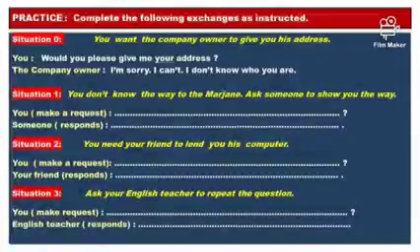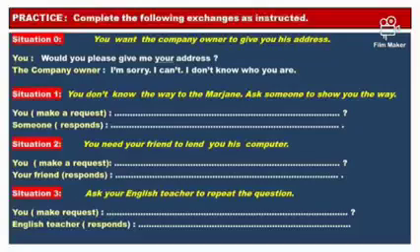So let's practice. Complete the following exchanges as instructed. We have situation 0. You want the company owner to give you his address. So in order to ask for an address, we use a polite way, okay? In this example, we have, would you please give me your address?